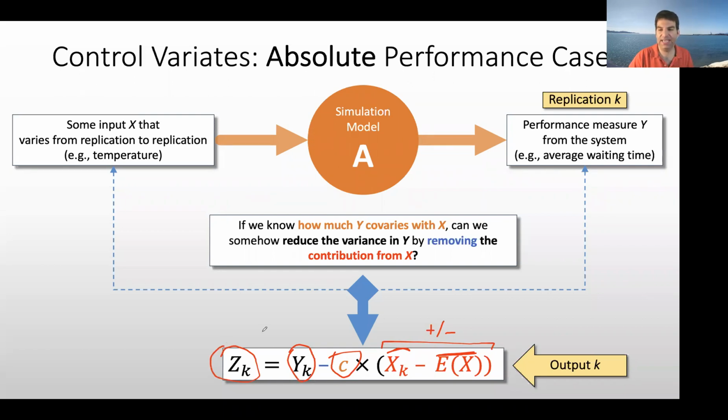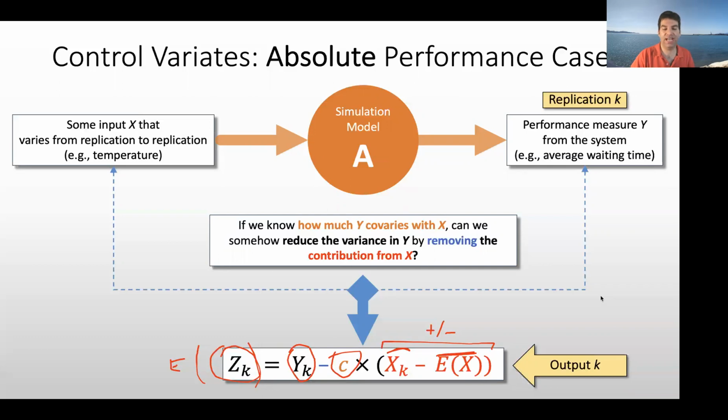I know that if I take the expected value of this estimator, this Z, if I push that expected value through, because expected value is linear, then what I'll find is that all of this extra contribution is going to drop out, and the expected value of my Z estimator will be identical to the expected value of the Y output that I actually want to estimate. So this is going to be an unbiased estimator of Y. So by estimating Z, I am effectively estimating Y.